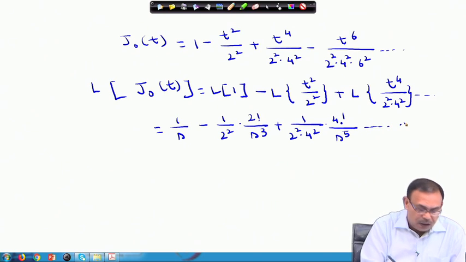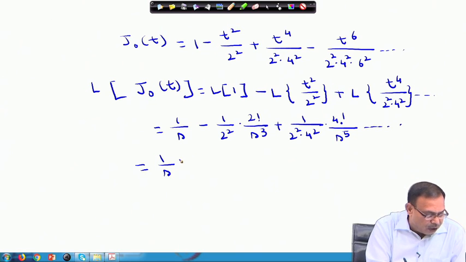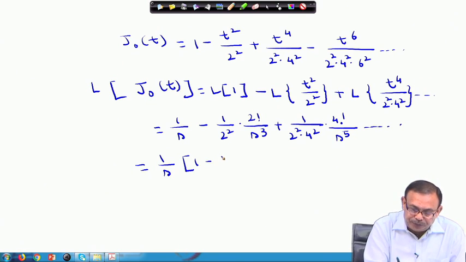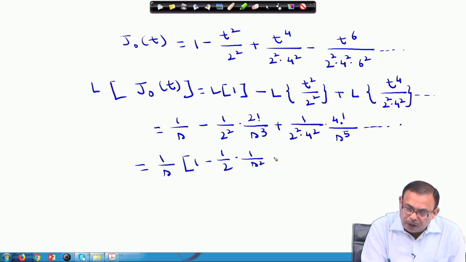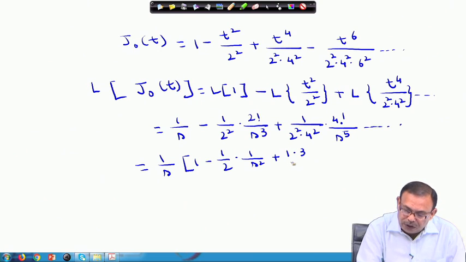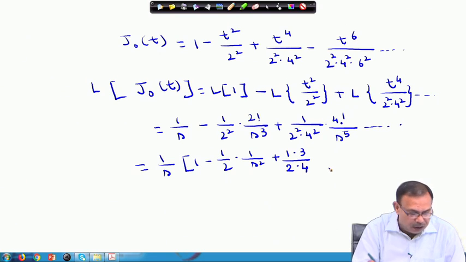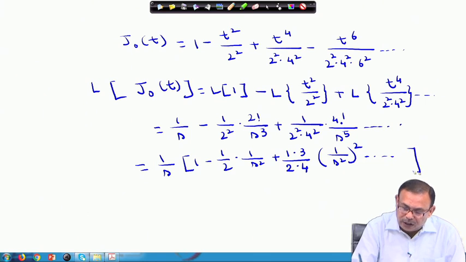So, if you take 1 by s common, you will obtain 1 minus half into 1 by s square, plus here factorial 4 is there, so you will get 1 into 3 and here 2 into 4, and 2 and 4 will be cancelled. So, 1 by s has gone out, and it will be 1 by s square whole square, and like this.